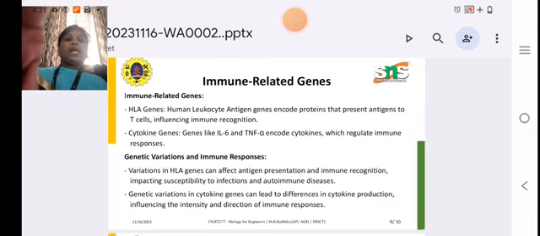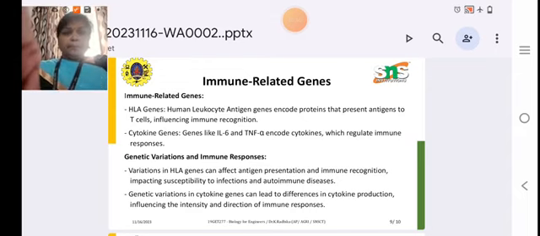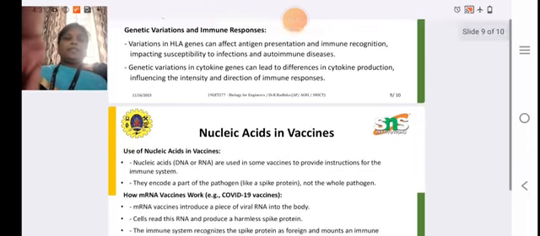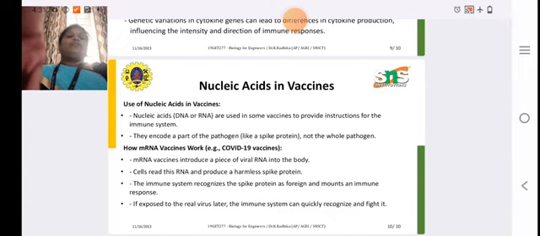Genetic variation and immune responses: variation in HLA genes can affect antigen presentation and immune recognition, impacting susceptibility to infection and autoimmune diseases. Genetic variation in cytokine genes can lead to differences in cytokine production, influencing the intensity and direction of immune response.